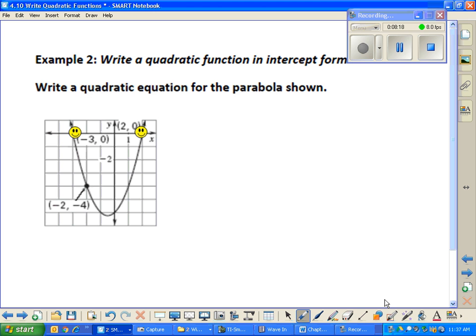When they give you your intercepts, they're actually giving you your p and your q. Just to recall, if you need your pink paper, intercept form right at the top goes y equals a times the quantity x minus p times the quantity x minus q.